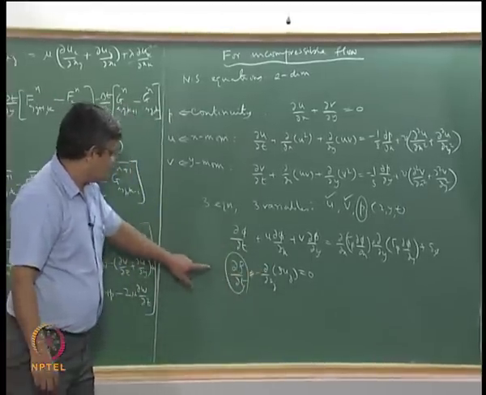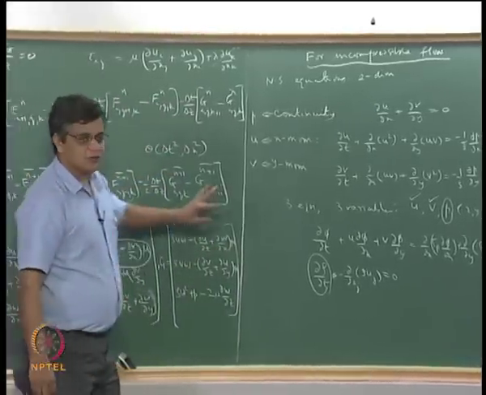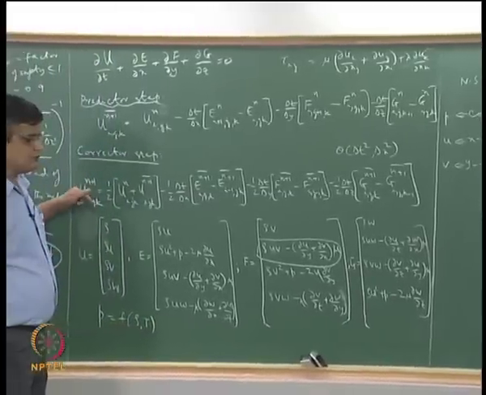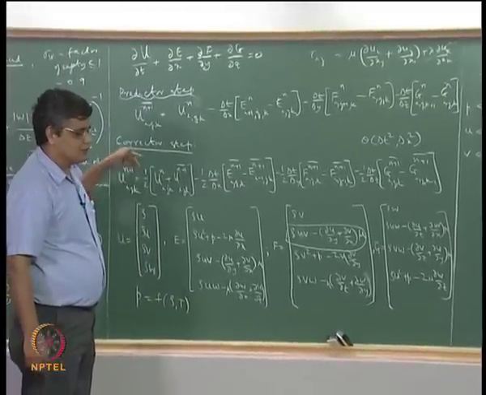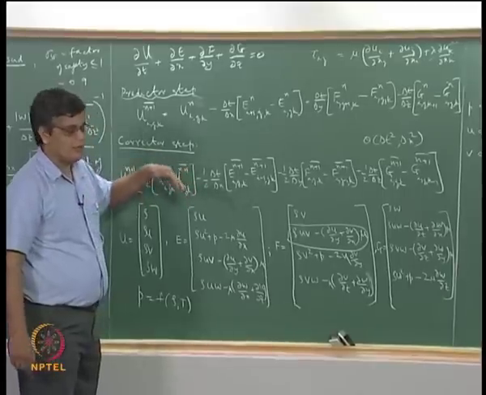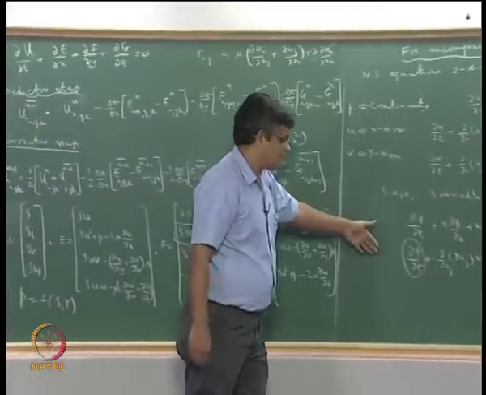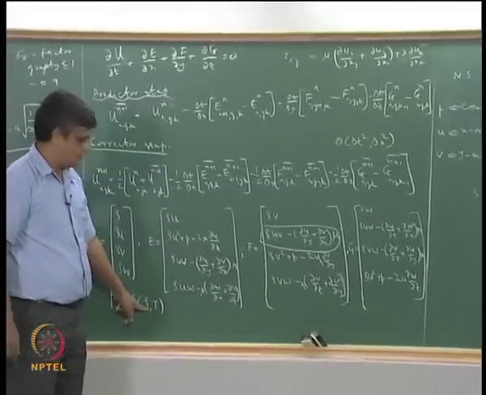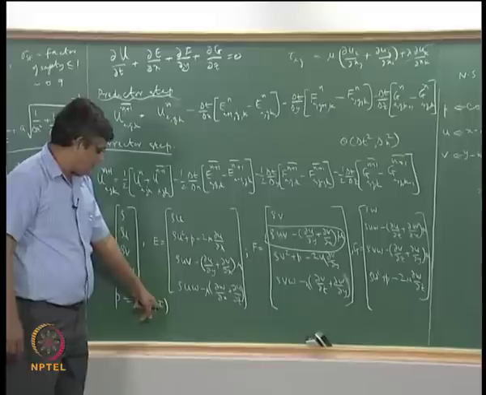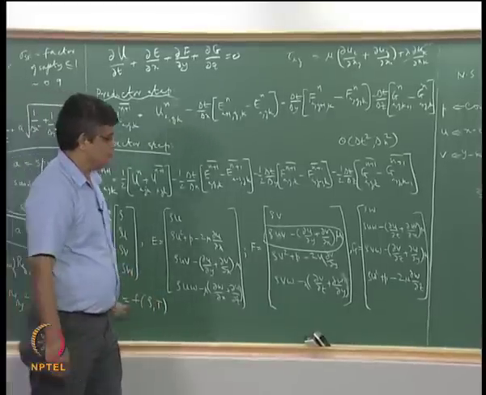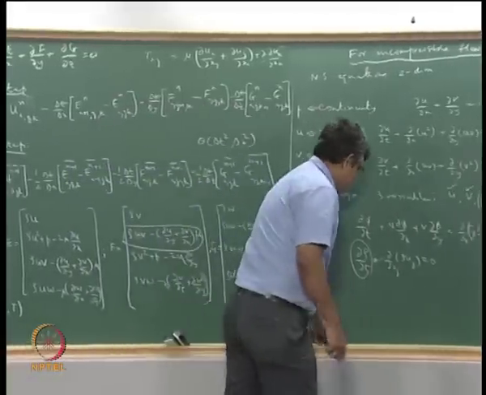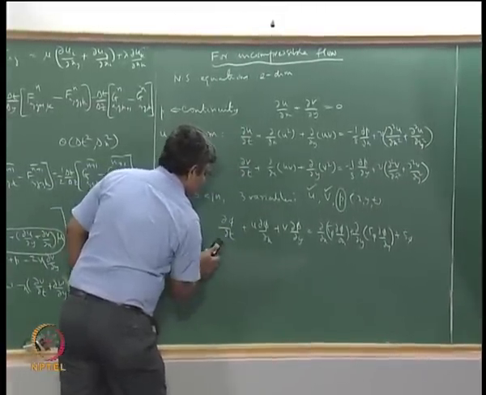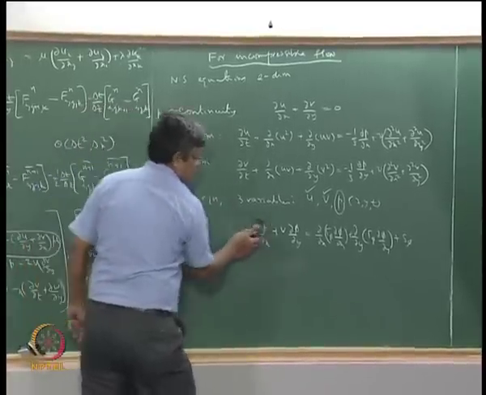In that sense, for compressible flow we have no such problem, because the 4th equation is used to evaluate the 4th variable, and it has that variable as the primary variable. We evaluate the pressure from an algebraic equation of state from known density and known temperature. So the difficulty of evaluation of pressure does not arise in compressible flow, but it arises in incompressible flow because of this specific problem.